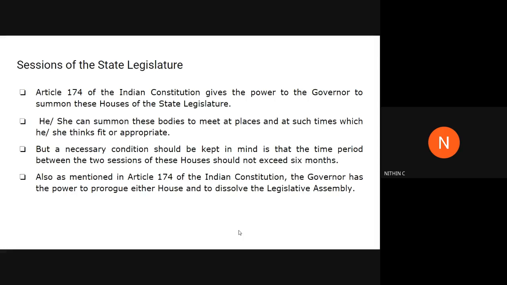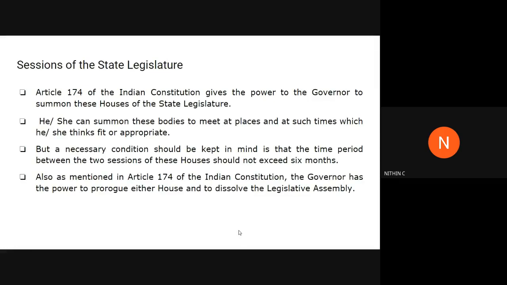The sessions will be arranged by the governor, the notification for the session will be given by the governor, and the dissolution is also done by the governor. But the time period between two consecutive sessions should not exceed 6 months.